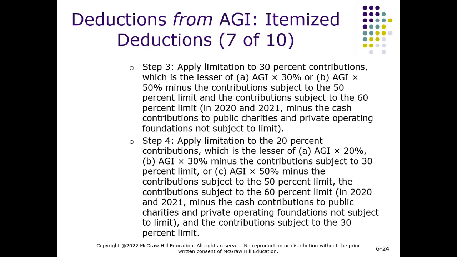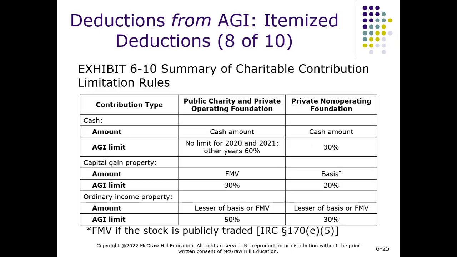So what's the total amount she can deduct this year? 10,930. Now she still has 1,600 of that 30% contribution. She could carry that forward to next year and deduct it next year. So that's how that works. Here's the table I was referring you to.